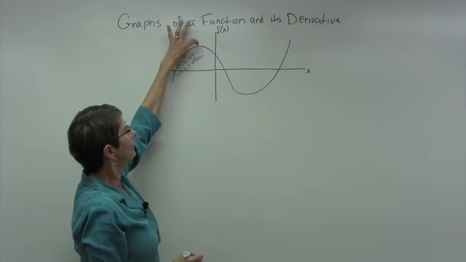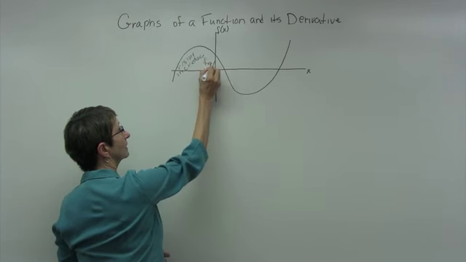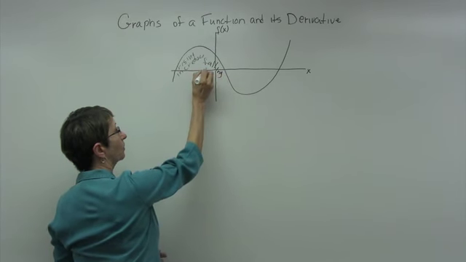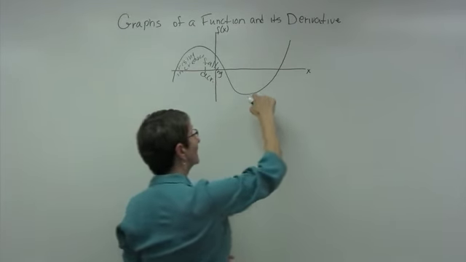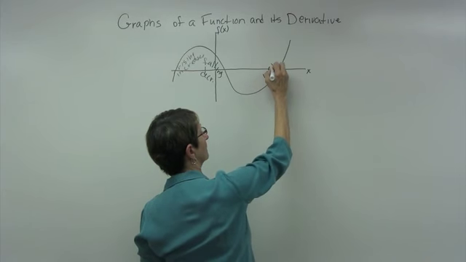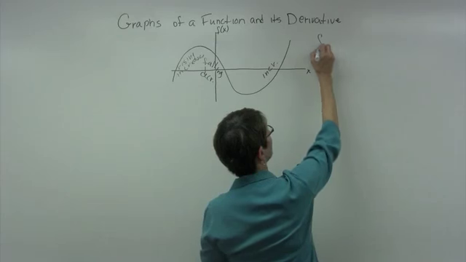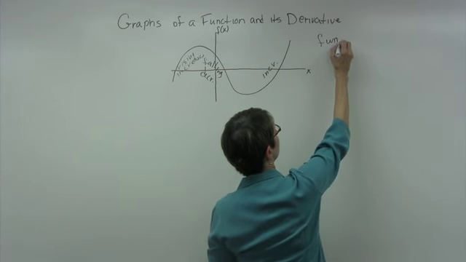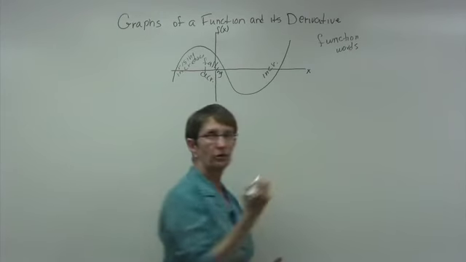After we get up here, the function starts to fall. So going down here, the function is falling or decreasing down to about this point, and then the function begins to rise or increase again. So when you think of the function, think of it in terms of words. Rising, falling, increasing, decreasing.